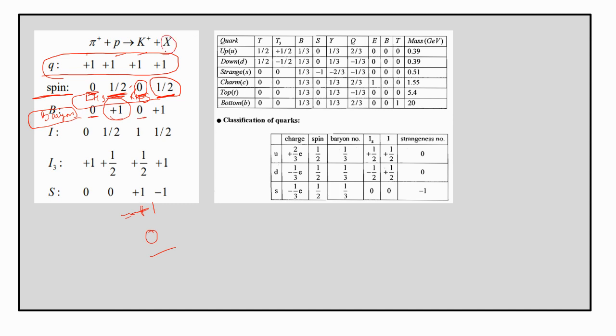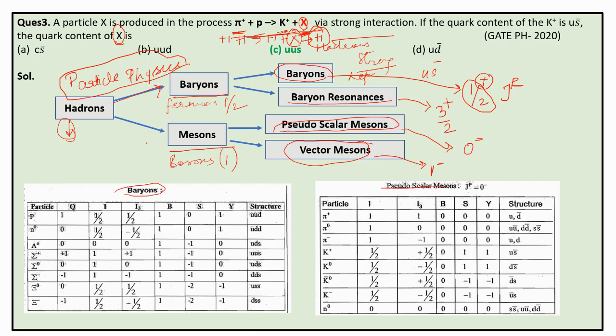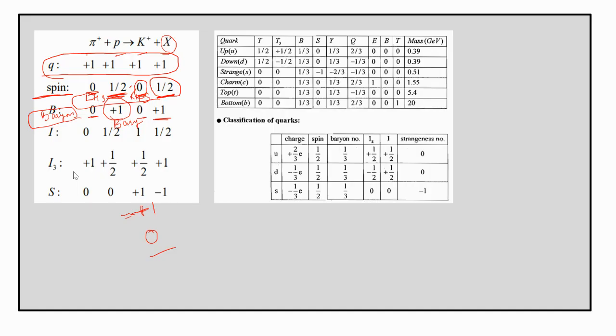This unknown particle should have baryon number 1, because baryon number should be conserved. By this, we got the idea that this particle belongs in this table. Now we'll look at a further quantity to identify it.